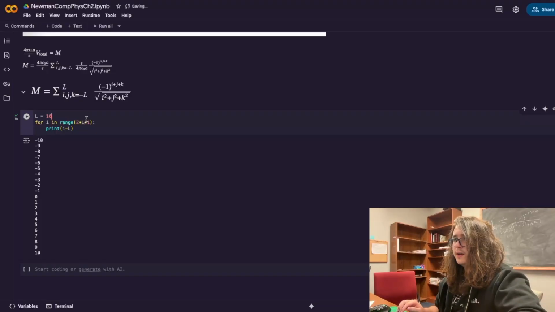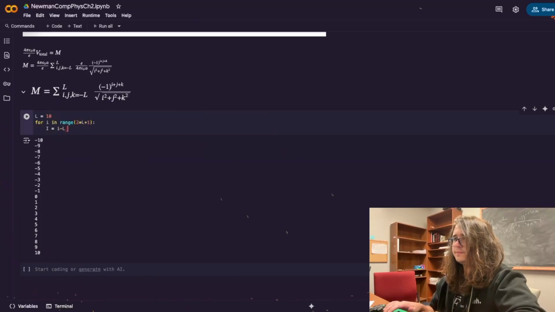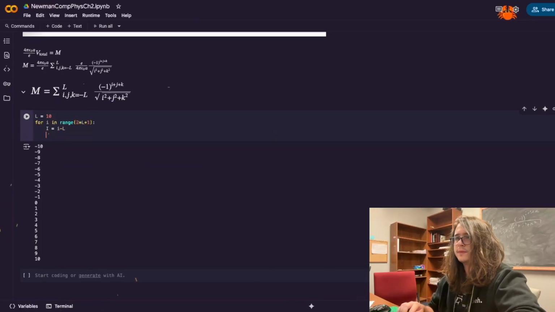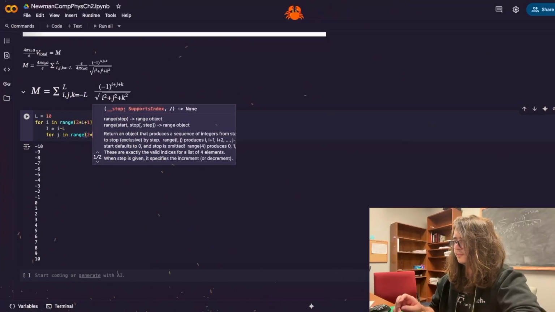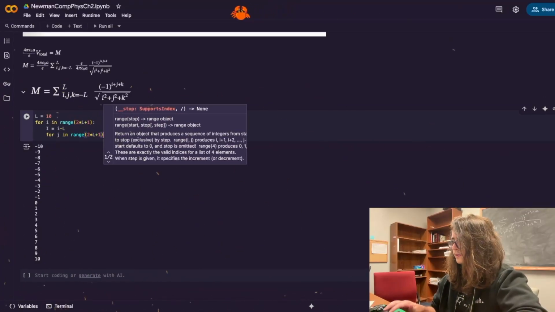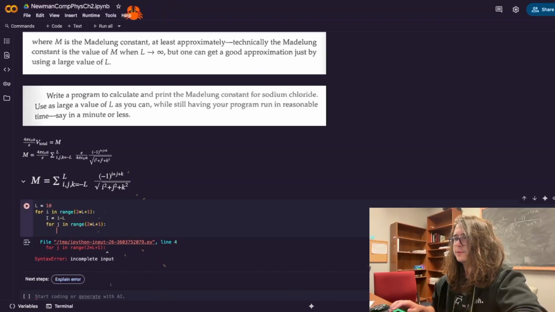So doing this in 3 dimensions, we're going to call this quantity, this lowercase i minus L, just capital I, and then also do the same thing for J, 2 times L plus 1. Oh, whoops, I didn't mean to run the dang program.